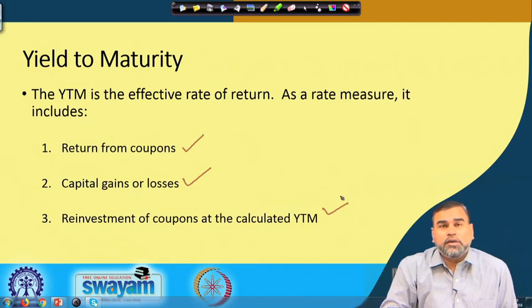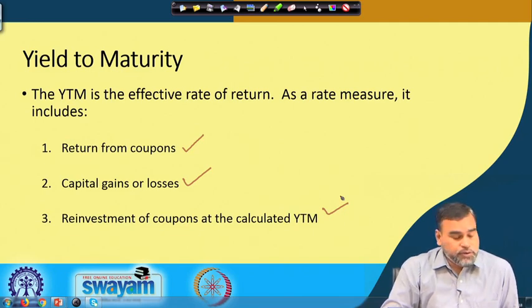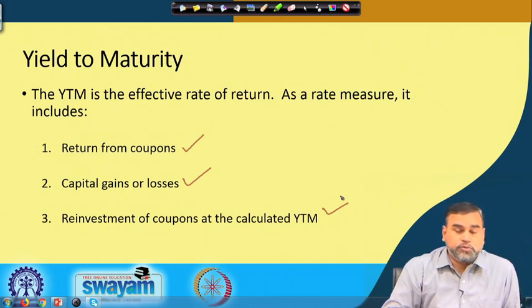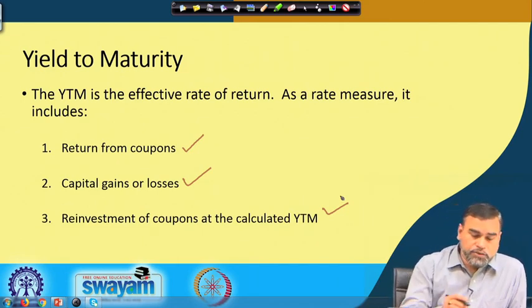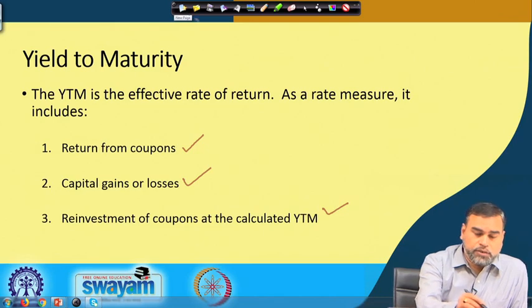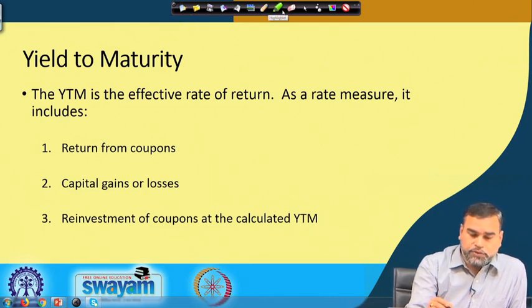So, these are the different components, or we can say the different factors, which are responsible for the effective calculation of YTM in terms of the effective rate of return. This is what you can always keep in mind.